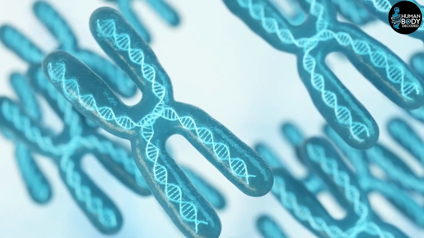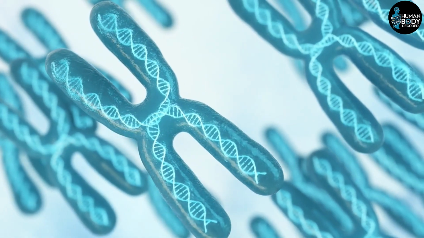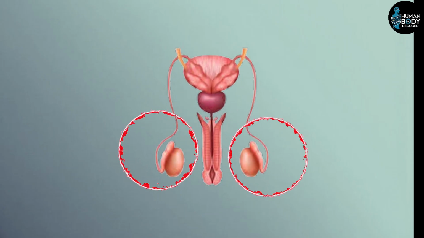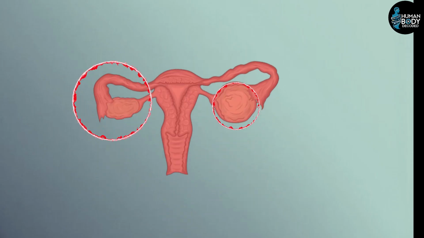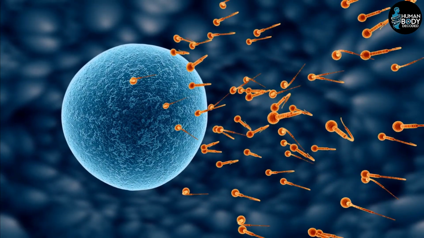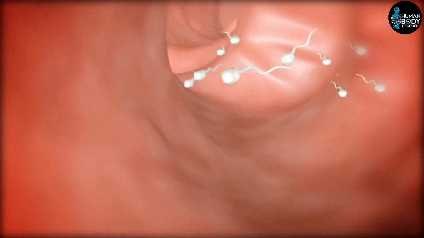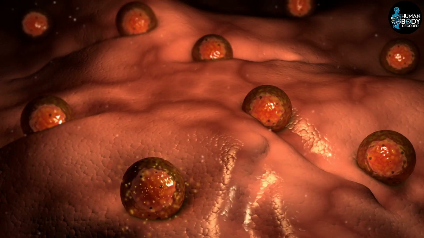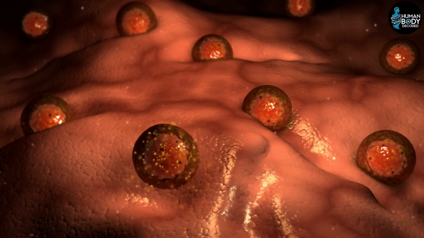Do you know where and when meiosis occurs? Meiosis takes place in the gonads, the testes in males, and the ovaries in females. This process happens during the formation of sperm cells, which is known as spermatogenesis, or during the formation of egg cells, which is known as oogenesis.